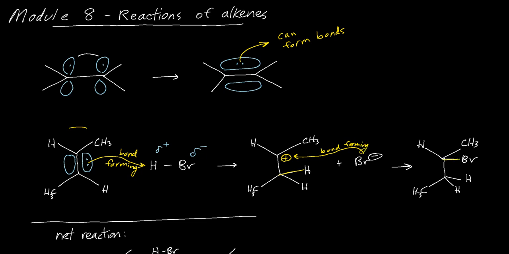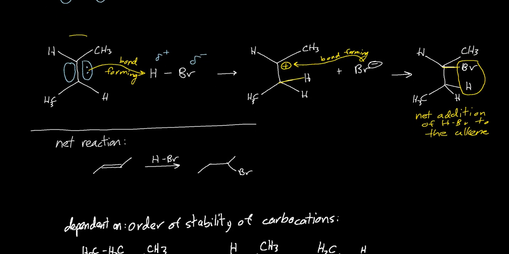And so if you notice, we have the net addition of HBr to the alkene. And so here's another way of looking at that net reaction, starting with the double bonded alkene. Addition of HBr simply goes to that.